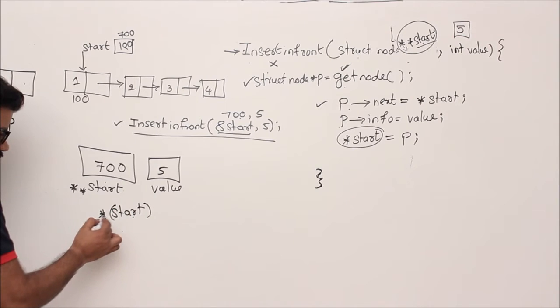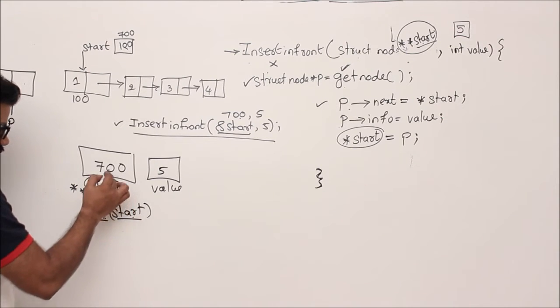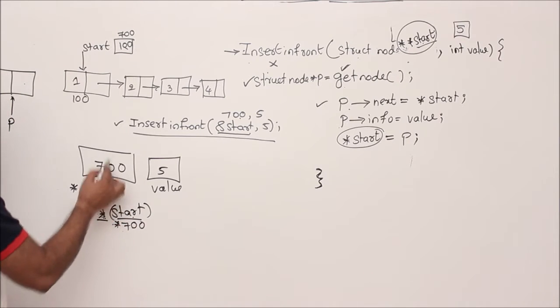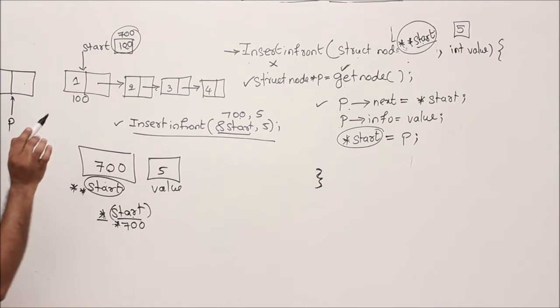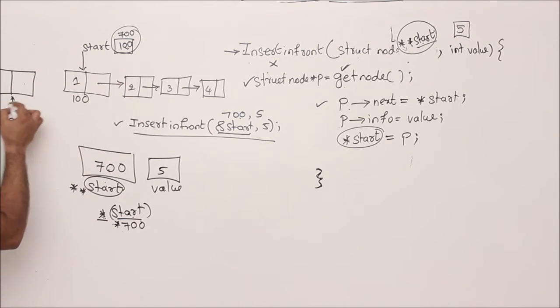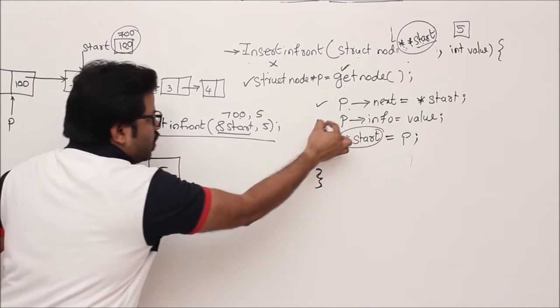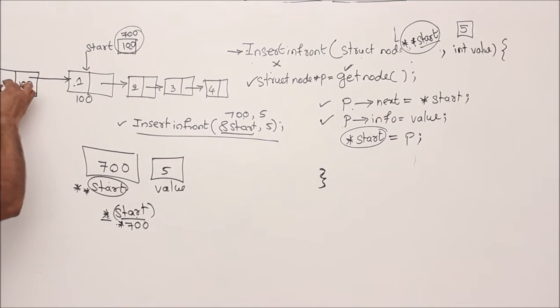Star start, content of start. We can only access this start, which is 700. So star 700, the value at 700, will come here, that is nothing but 100. That will be written in p cap next, correct? So it is 100. Because of that, logically this box will point to this one. That is what we expected. So p cap info, this one, equal to value, perfect.